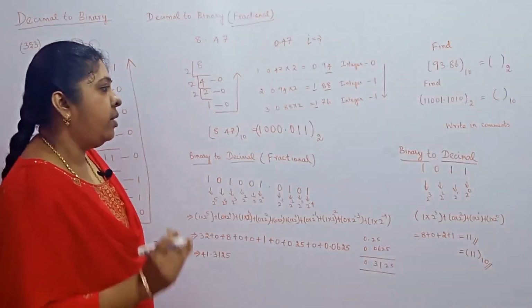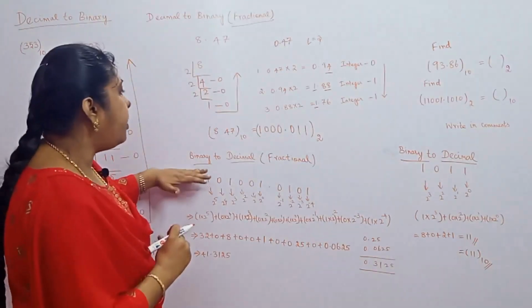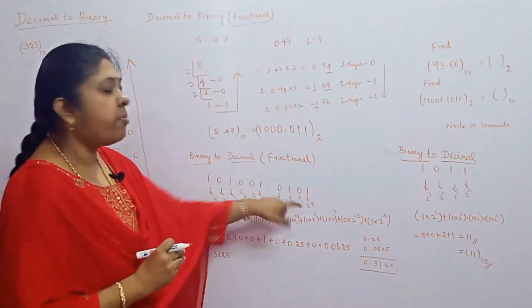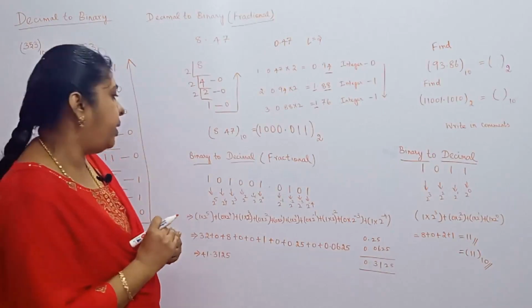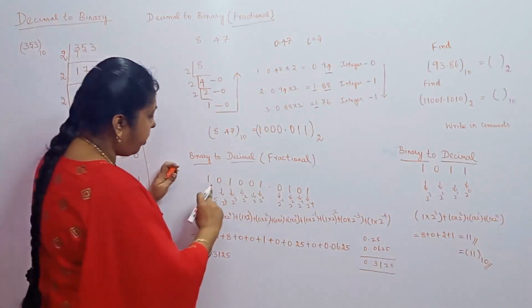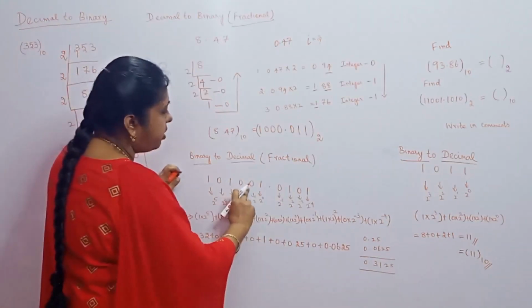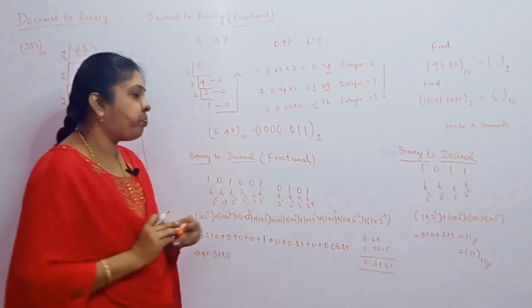This is the binary to decimal conversion. Again in binary to decimal, when it has a fractional value, how these values can be calculated. For the integer part, here we have taken an example number 101001.0101.